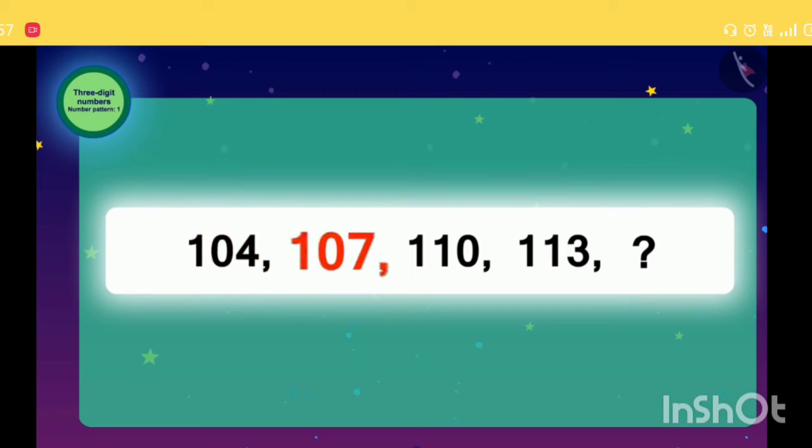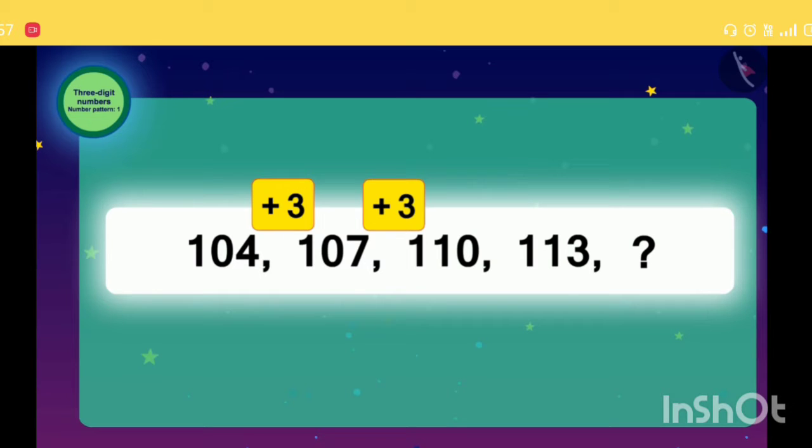To get from 104 to 107, we have to add 3 to 104. Then to get from 107 to 110, we will add 3 to 107.